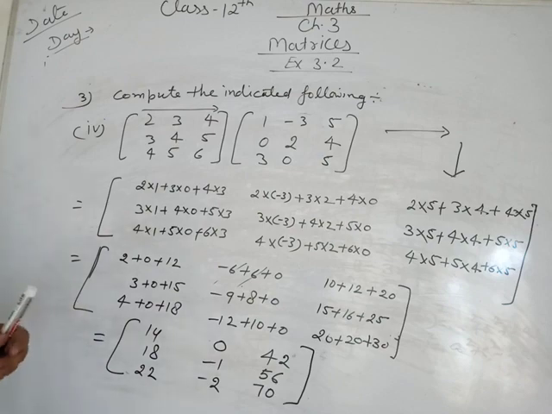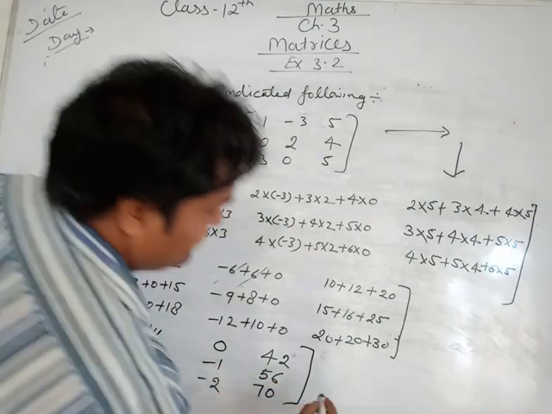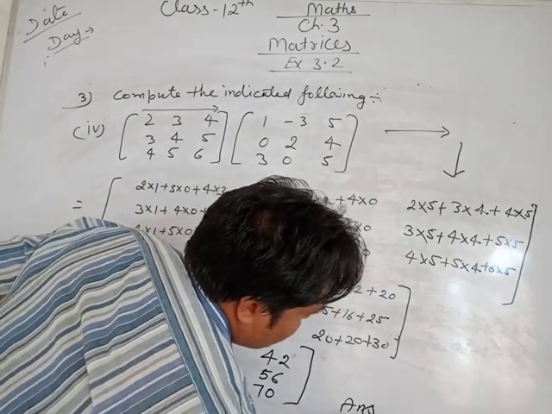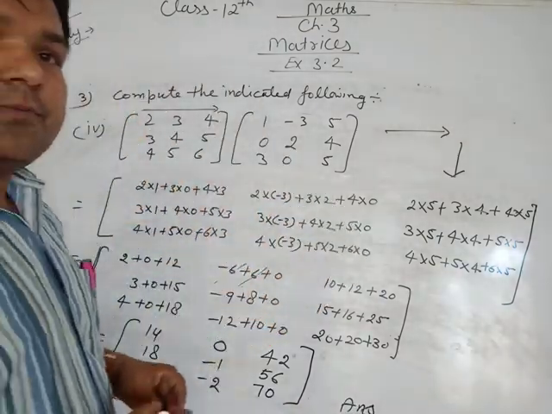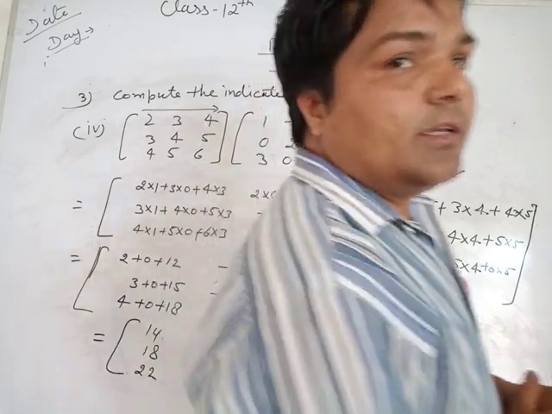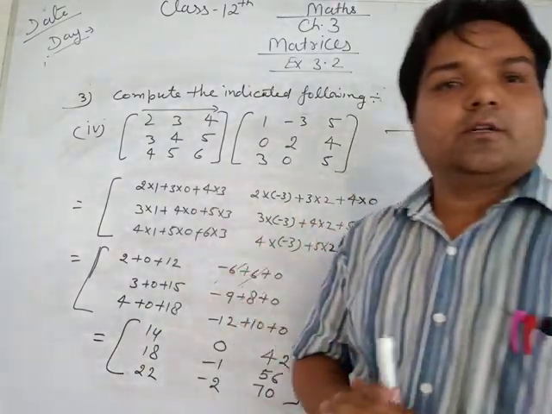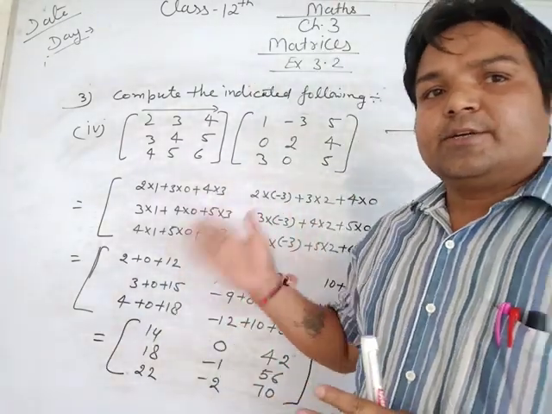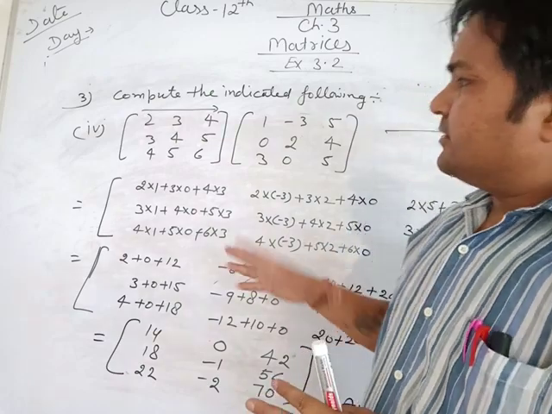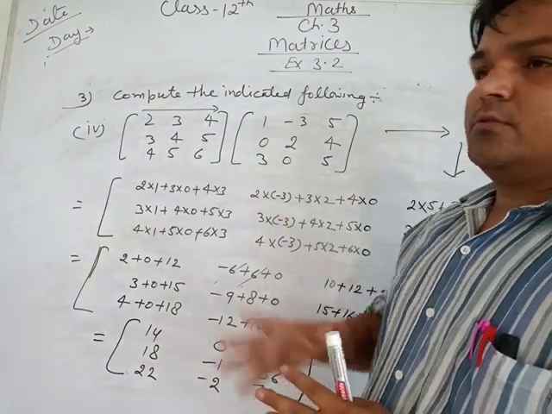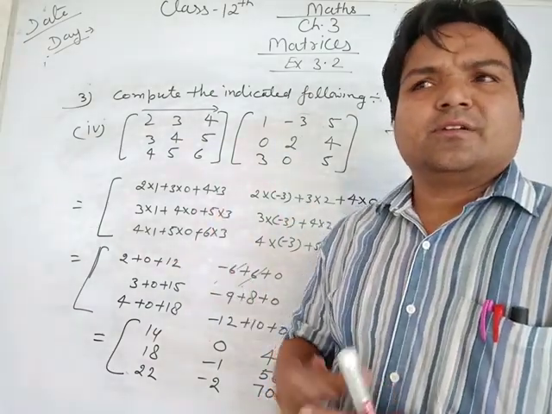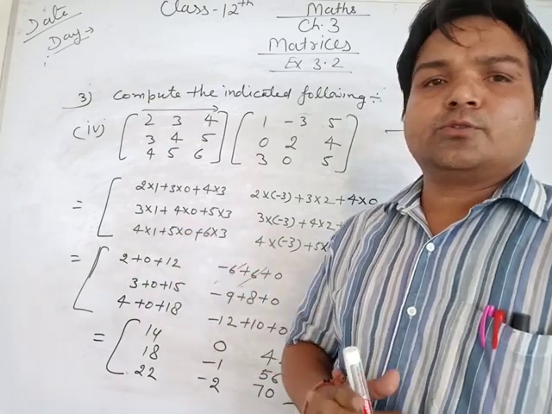So clear? Now it is the answer. In this video we have solved how to do product, addition and subtraction. Division is similar, because in the next questions we will solve this type.